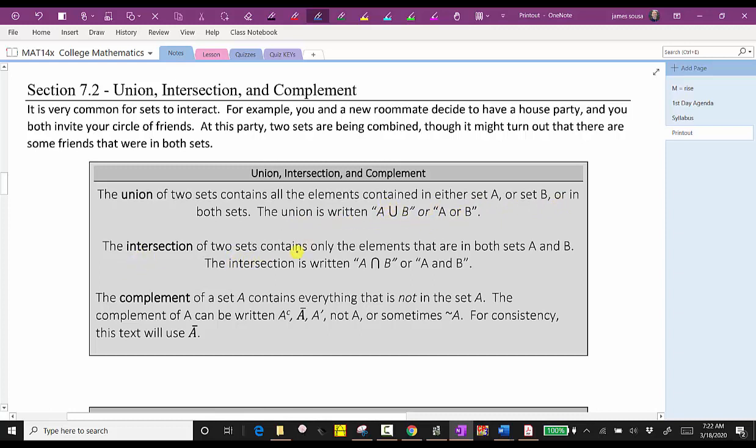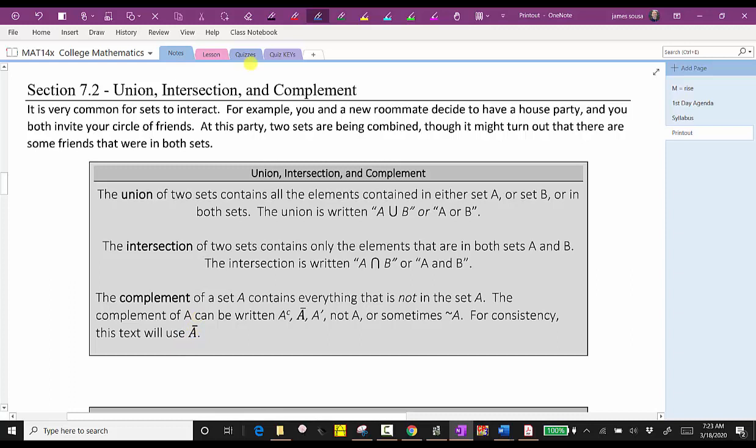The intersection of two sets contains only the elements that are in both sets A and B, and we use this notation here for intersection, which means and. And then finally, the complement of a set A contains everything that is not in the set A. And there are several ways to denote the complement of set A, also referred to as not A. For consistency, we will use a bar over the set.